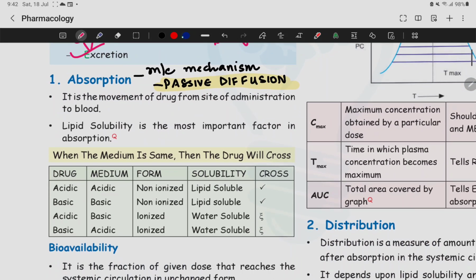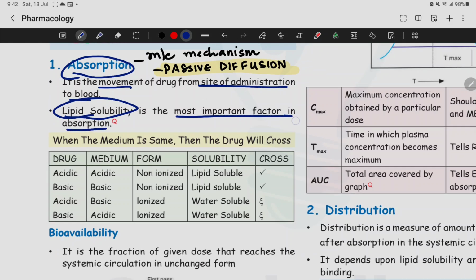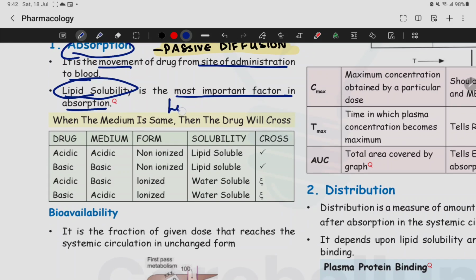Coming to absorption: absorption is the movement of the drug from the site of administration to the blood. Lipid solubility is the most important factor of absorption. If the drug becomes more lipid soluble, it can cross the membrane, hence absorption is better.